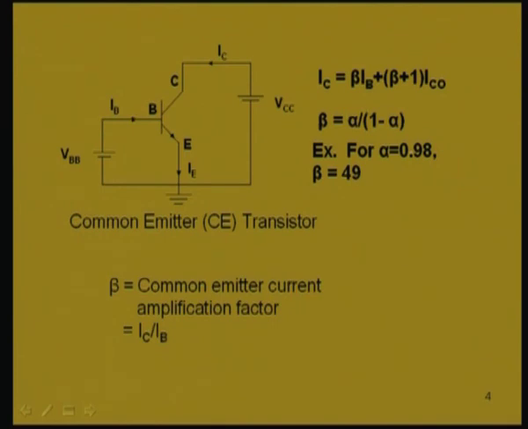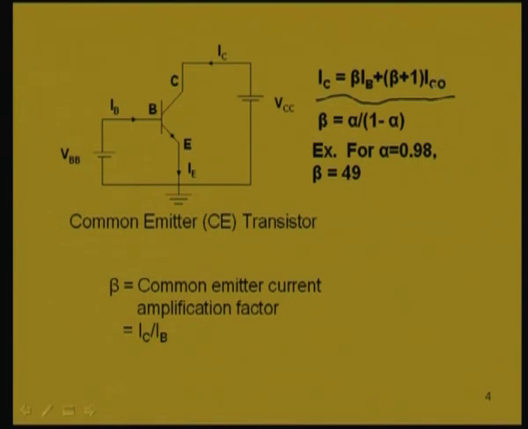Now, the beta expression can be simplified to simply IC by IB, because if we observe, the leakage part, the reverse saturation current part, which is (beta plus 1) ICO, is not comparable with the other component, since IB is considerably large compared to ICO. So, beta times IB is quite higher in comparison with the latter term (beta plus 1) ICO.